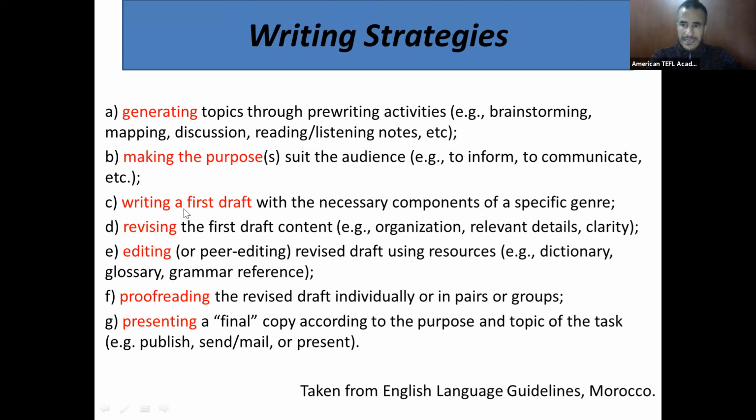Number three, you write the first draft with the necessary components of a specific genre. Number four, you revise the first draft content. Here, when we say you revise, you organize your ideas and you see if the details are relevant or not, if the ideas are clear or not.